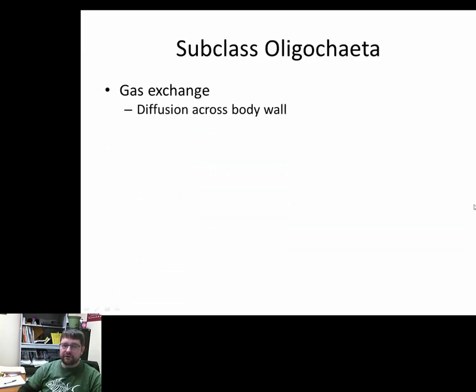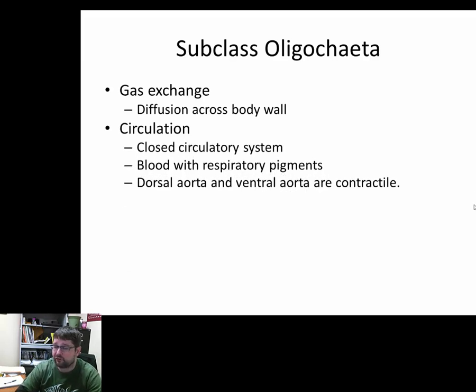Okay, so gas exchange, I just talked about it. Diffusion across the body wall, and it needs to be moist. Circulation is a closed circulatory system. We start to see respiratory pigments. The blood itself has respiratory pigments, and so this is a little bit different, diverging into more advanced systems.